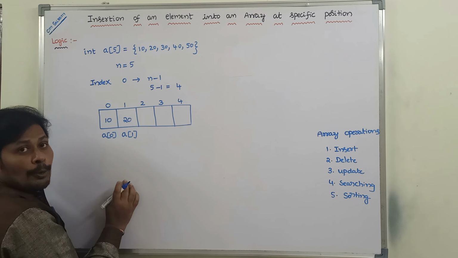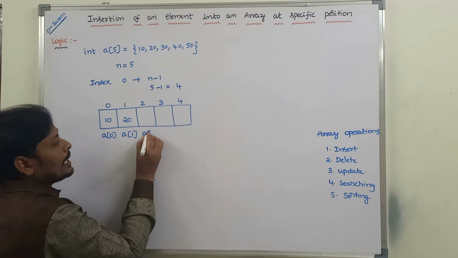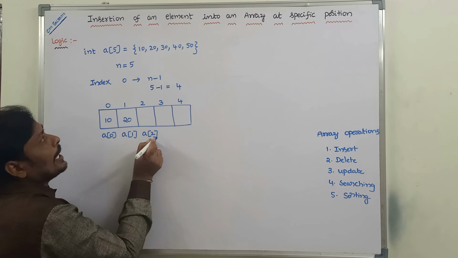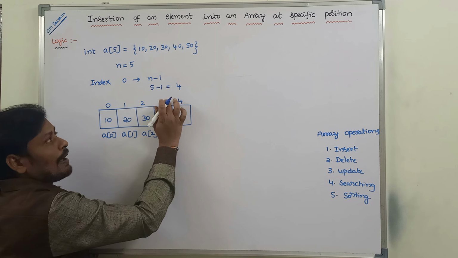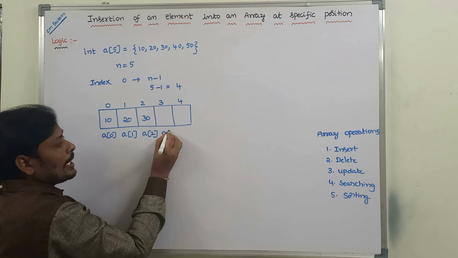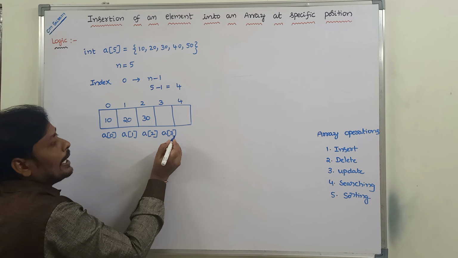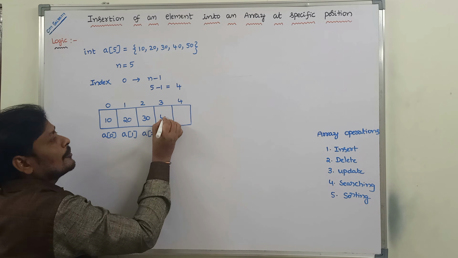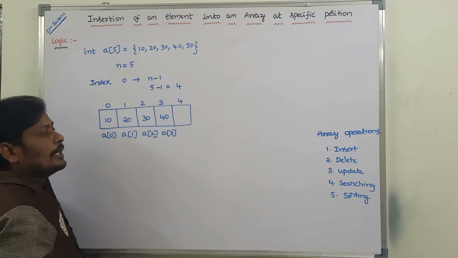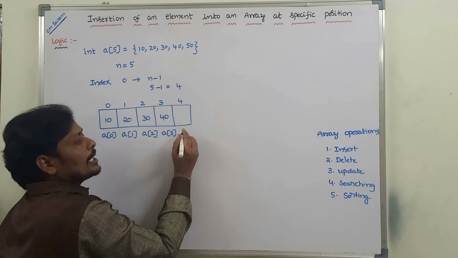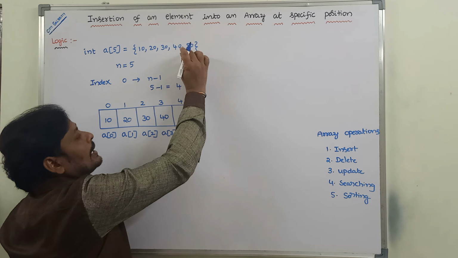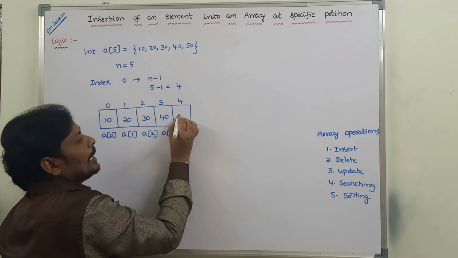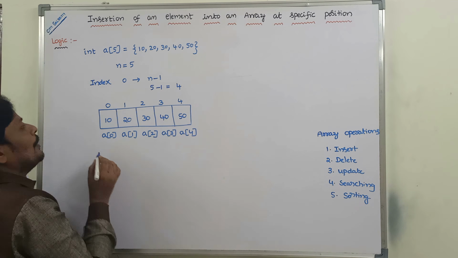Here the index value is 2, the element is a[2]. In a[2] we are storing 30. Next, index value 3, the element is a[3], and in that one I am storing value 40. Next, index value is 4, the element is a[4], and in that index we are storing value 50.